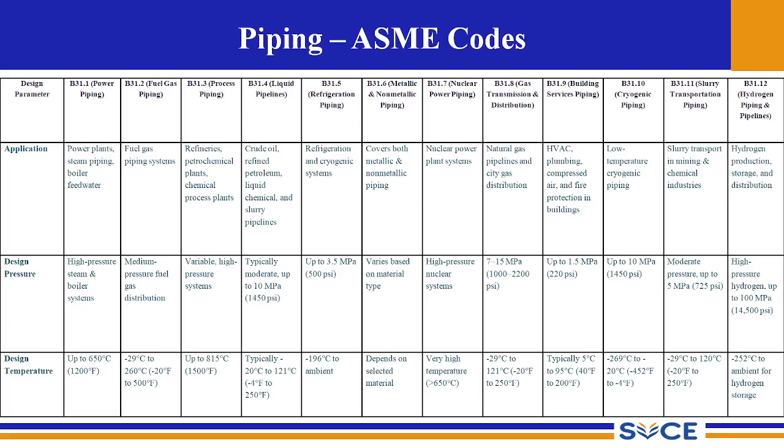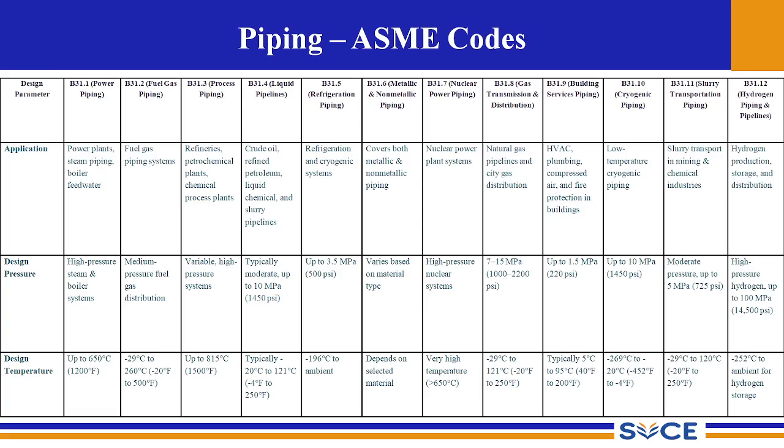Then refrigeration piping systems, the codes are given in B31.5, and the application is on refrigeration and cryogenic systems. The pressure range is up to 3.5 megapascals, and the design temperature is minus 196 degrees centigrade to ambient.